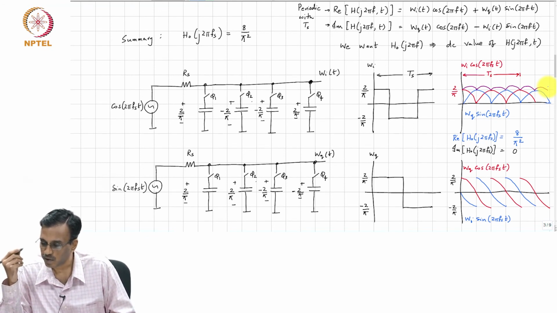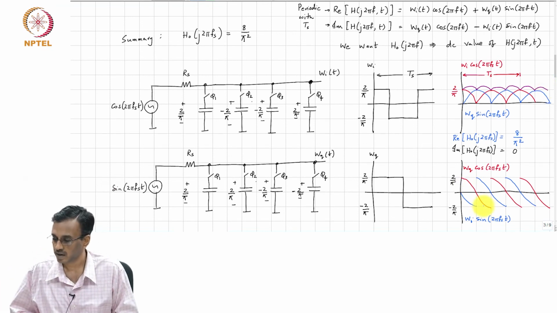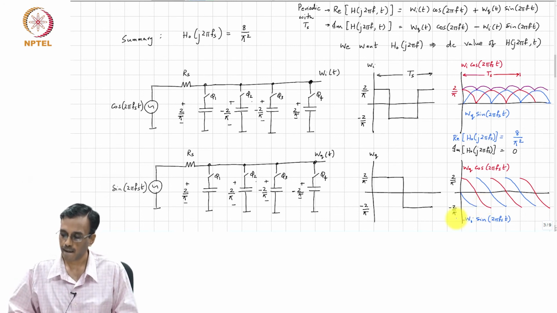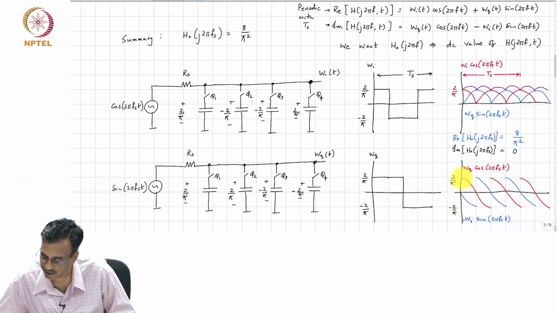And similarly, if you add Wq cos and minus Wi sin, what will you get? Yeah, at some point they will cancel. You will get a waveform like that.